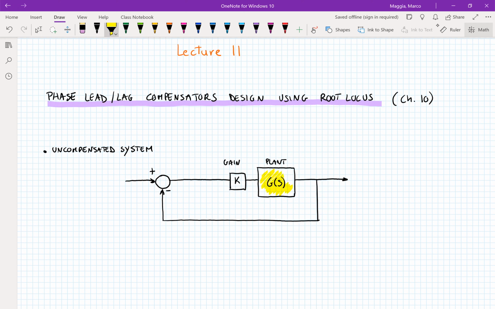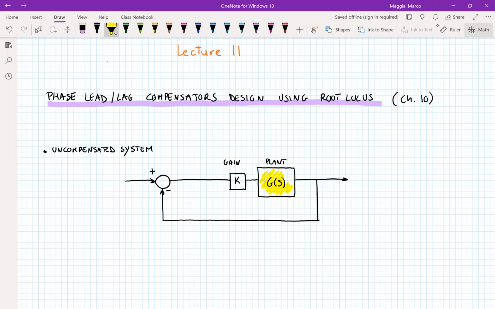That is, what you want to control. So if there's a way for you to modify the plant so that you meet your requirement, then there's no need to implement and design a compensator.